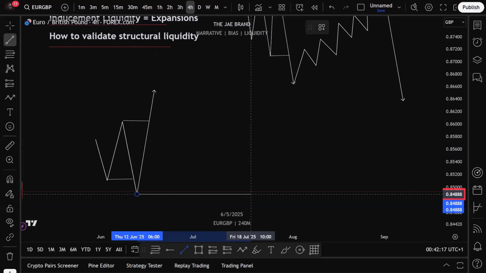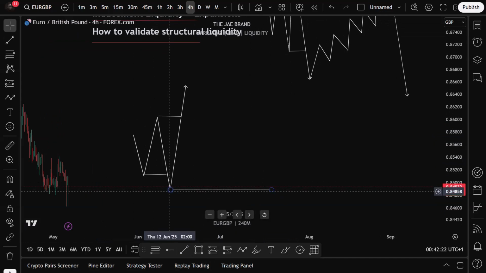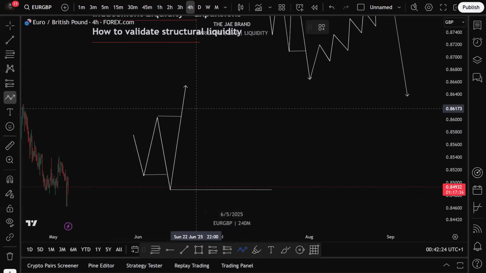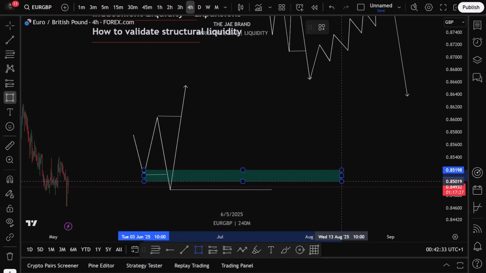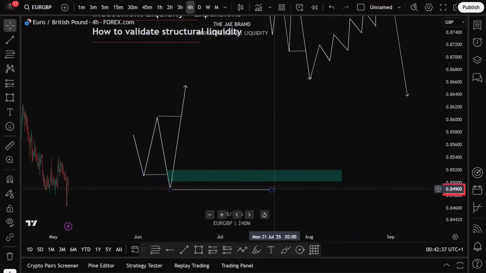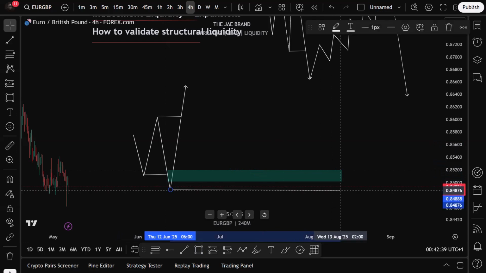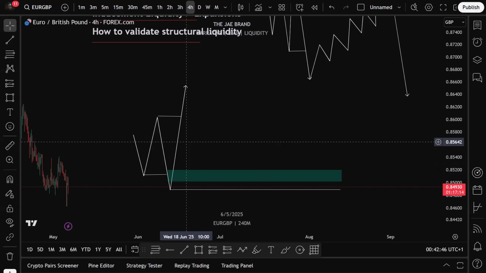Yes, in our swing structure we expect this low to be protected, and then we expect to have an area of value, maybe a QMR, probably from this area. We expect price to come and probably retest from this area, but we can see that this swing structure is plain.